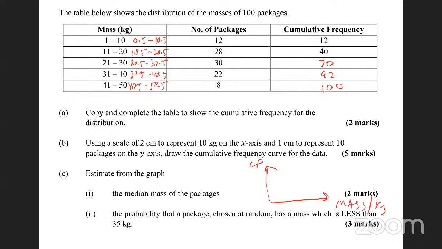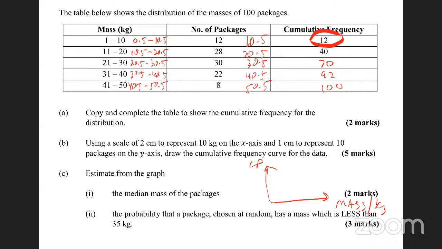Anybody remember what you're going to plot? Very good, the upper boundary. The upper class boundary is what you're plotting the cumulative frequency with. So you're plotting with 10.5, 20.5, 30.5, 40.5, 50.5.